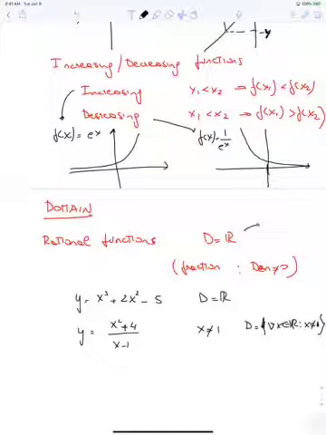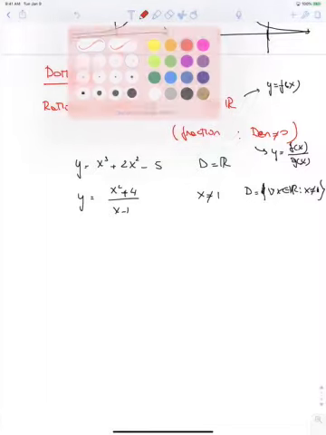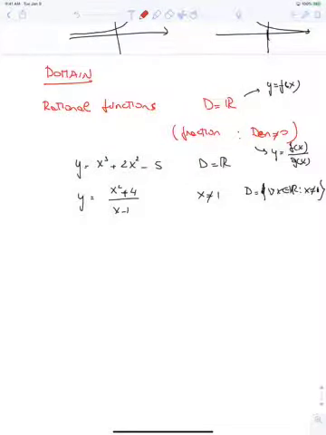So in general, this is valid for a function y equal f of x divided by g of x. If we have a fraction, then g of x has to be different than 0. Now, if you have irrational functions, it depends on the order of the root.